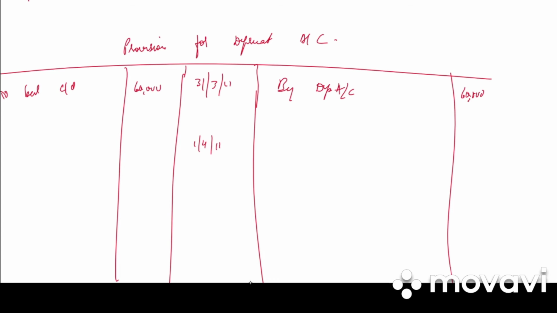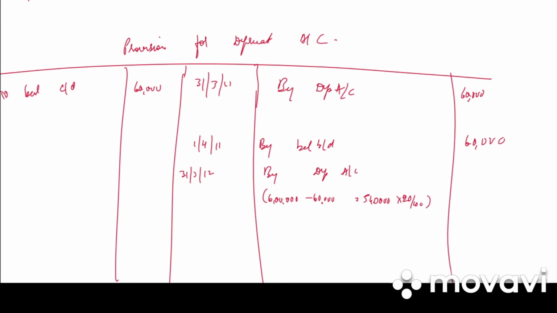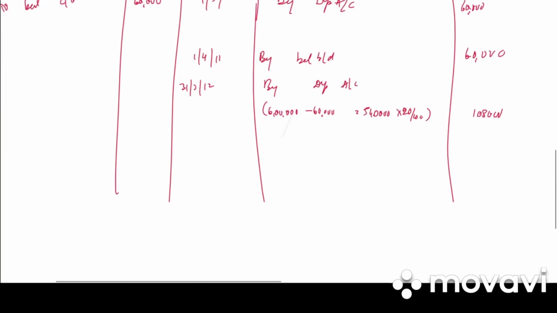Then on 1st April 2011 by balance brought down 60,000. On 31st March 2012 by depreciation account, it is 6 lakh minus 60,000, that is 5,40,000 into 20 by 100, that is 1,08,000.